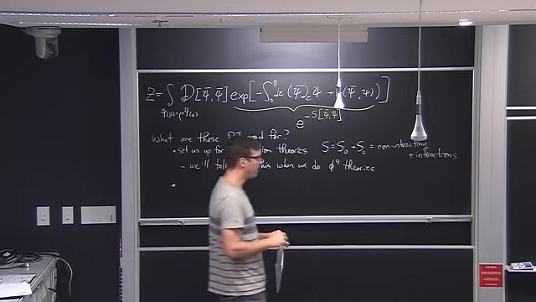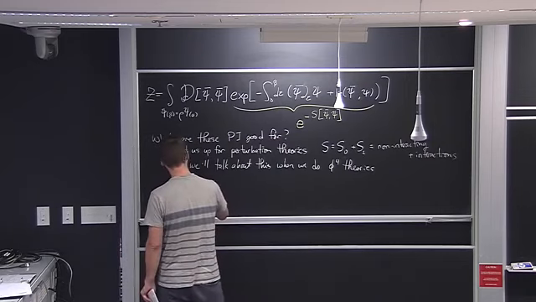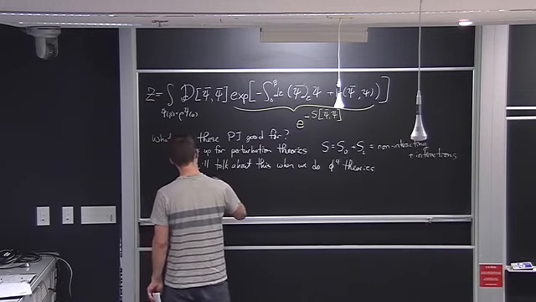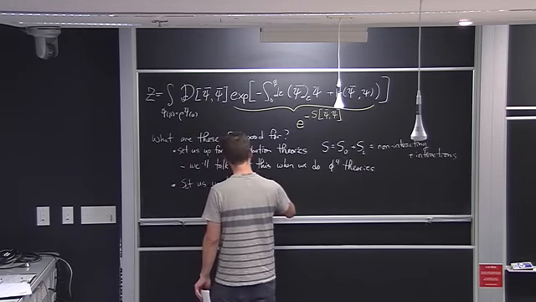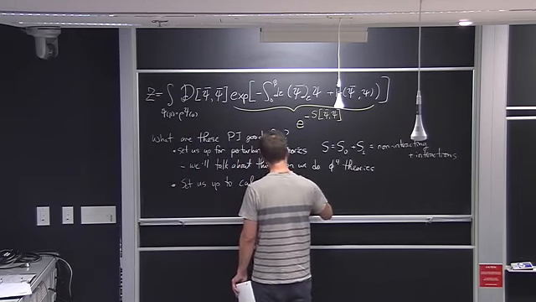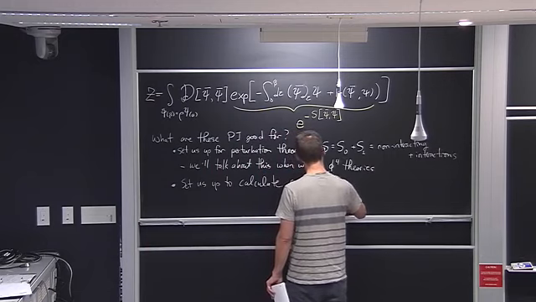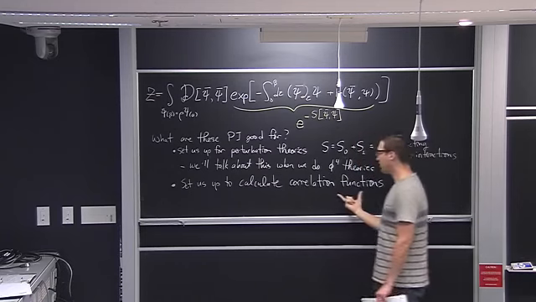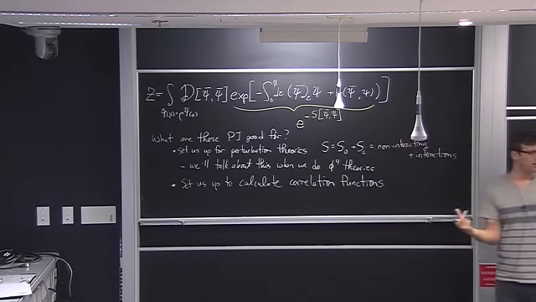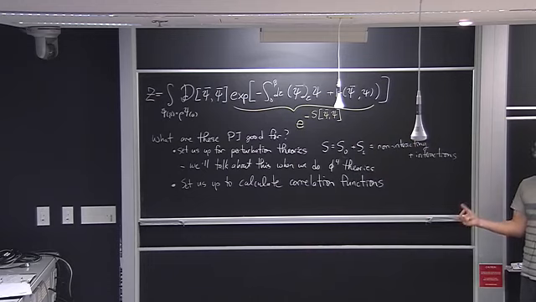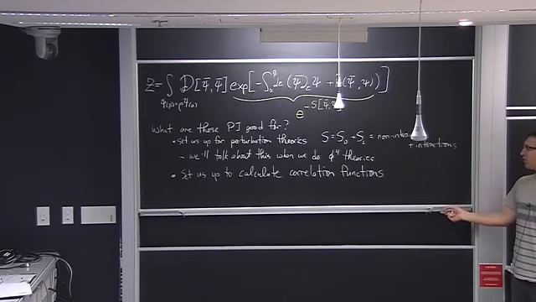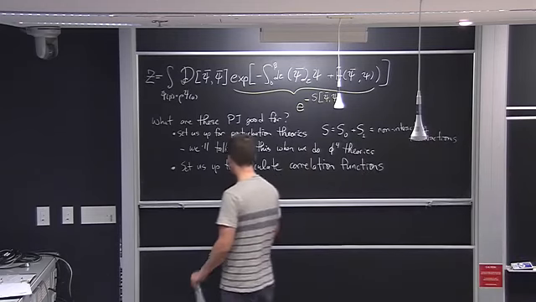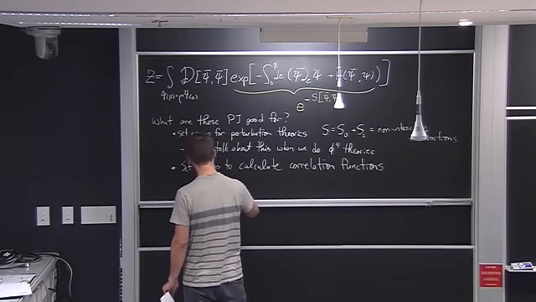And they're also good for calculating correlation functions, especially in the Gaussian case. And correlation functions are the central object that you're typically interested in, in quantum many-body physics, I guess condensed matter and so on. So these are related to physical response functions.